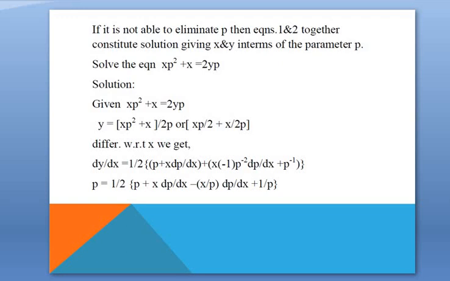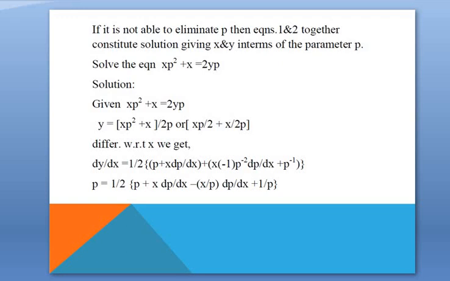Then by differentiating this with respect to x, we get dy/dx is equal to 1/2, where 1/2 is a constant. Then xp is differentiated as p plus x dp/dx. Similarly, in the second part, 1/p is considered as p power minus 1.